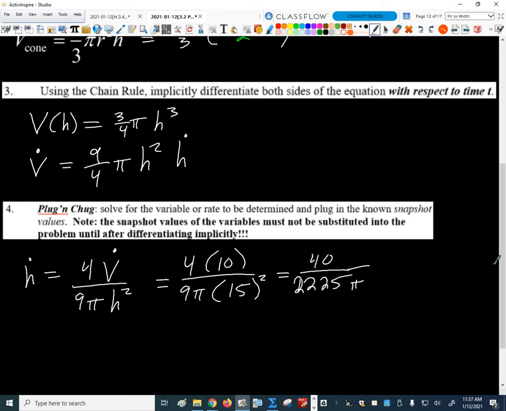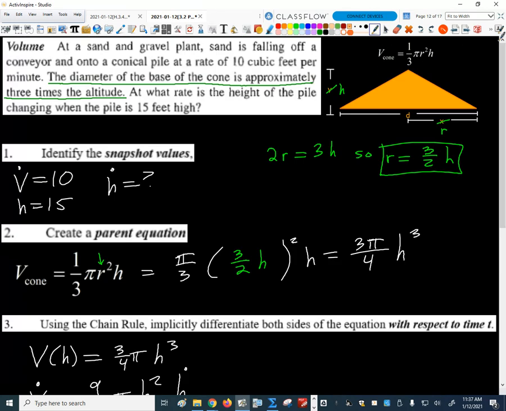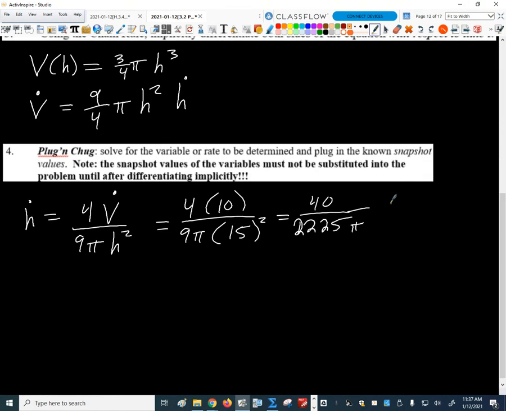That's what H dot would be. Well, what would the units of height be? What are we using for our units of distance up here? Feet. Yeah. What are we using for units of time? Minutes. So feet per minute. And that's an exact answer, right?